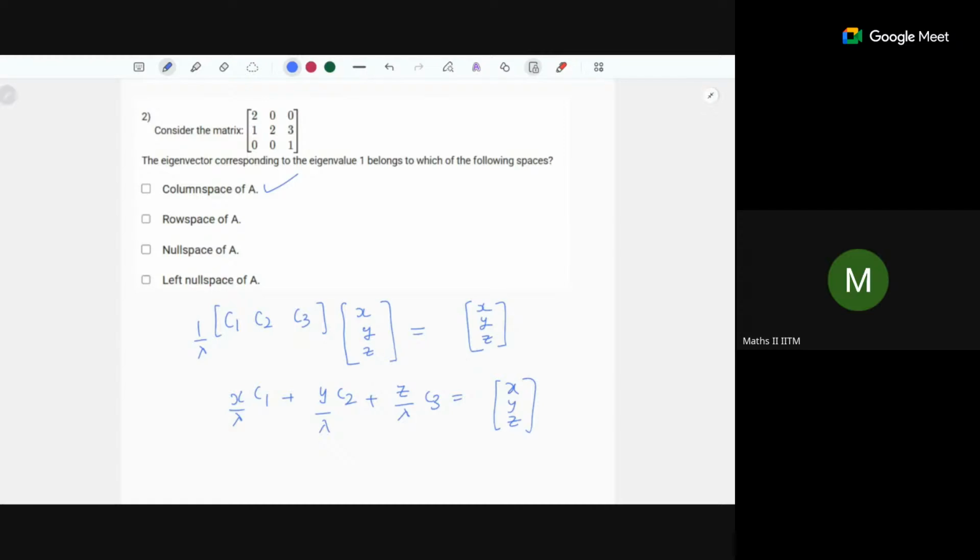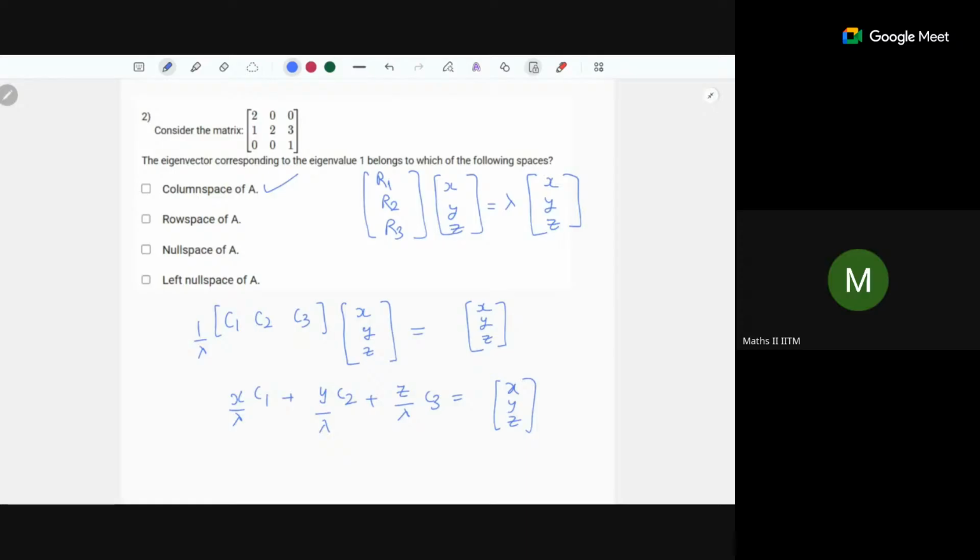Now, can we do the same for row space? Let's see. Then you have X, Y, Z is equal to this. Now let's see what the determinant of this matrix is. Is it a non-zero matrix?